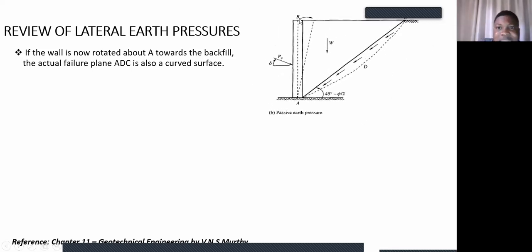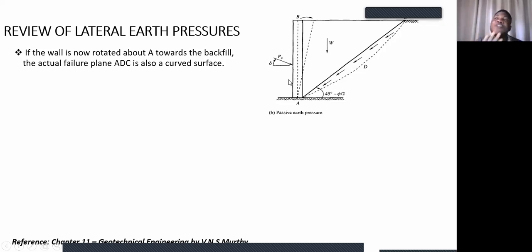The difference is that this arrow is now rotating inside. That is quite ridiculous, because if you have the weight of your backfill, you are expecting that the weight should make it move away, not enter. But this is another case scenario. Instead of moving away, it's rotating towards the backfill, in that particular direction.